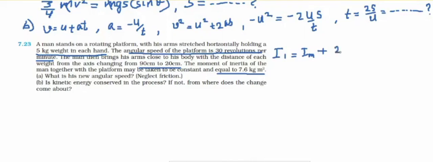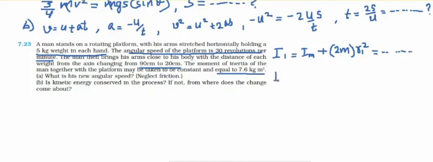Moment of inertia is mass into square of the perpendicular distance, so 2m r1 square. R1 is 90 centimeter, which you have to convert into meter. So find the value of I1: 7.6 plus 2m, m is 5, into R1 is 0.9 squared.